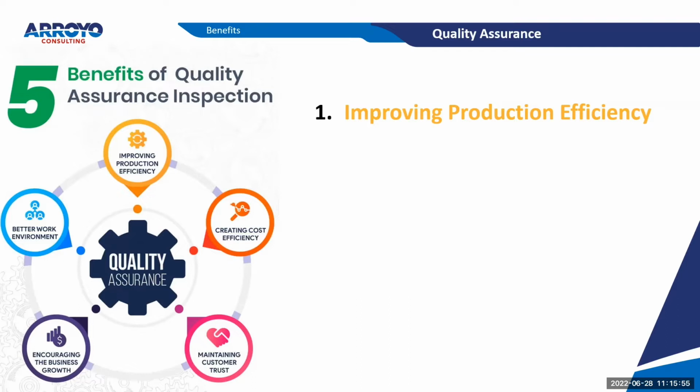And the second one is creating cost efficiency. As the name says, this is more related to QA preventing quality issues from the beginning, preventing failures, return repairs, and other costs related to problems.